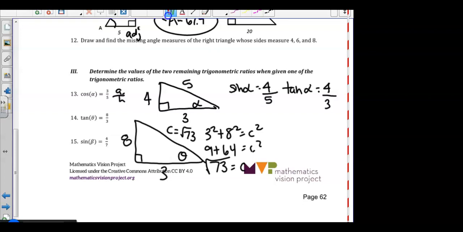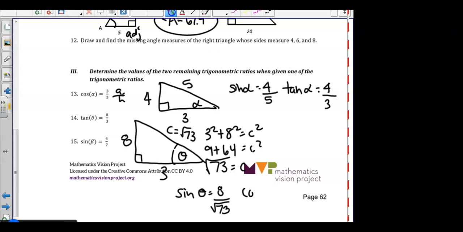All right, so let's write our other two trig functions. We're given the tan, so let's do the sine. The sine of theta will be the opposite side from the reference angle divided by the hypotenuse.